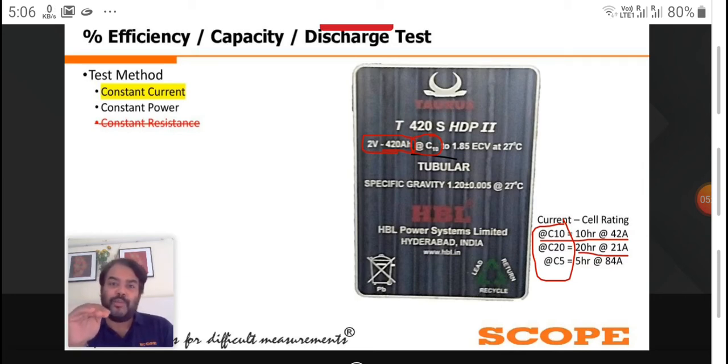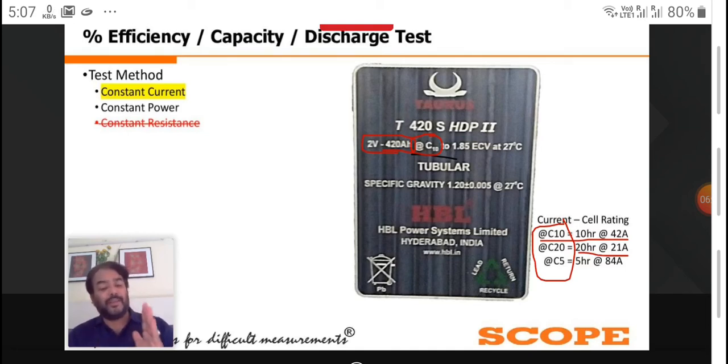From that point, we are talking about the float charge. But in between, the battery also requires a change. 100% day in and day out, float charge, it is monotonous for them. So let the battery go down for some time or perform a discharge test. And immediately after the discharge test, you go for a boost charge.